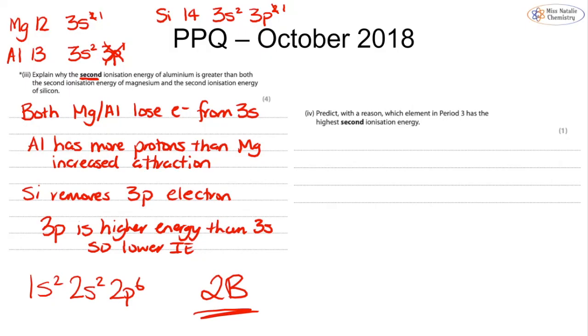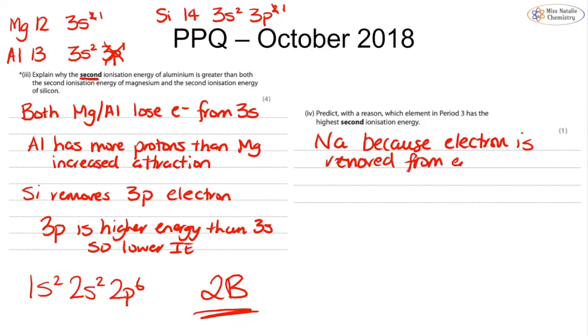We're thinking about the element with the highest second ionization energy, and the answer is going to be sodium, because the electron is removed from an energy level closest to the nucleus.